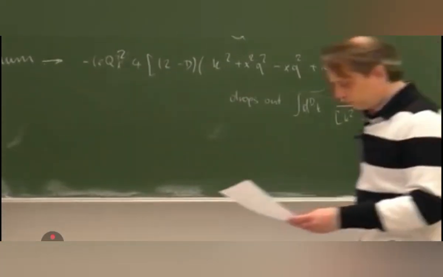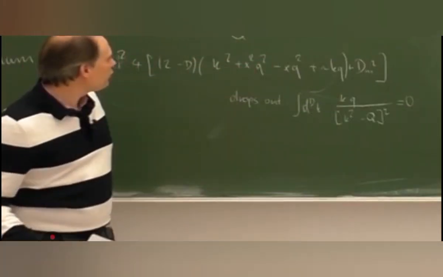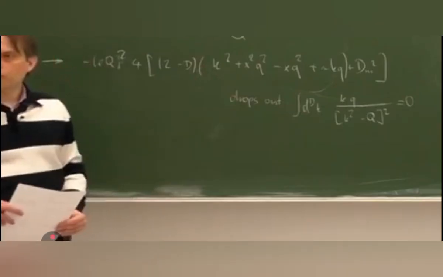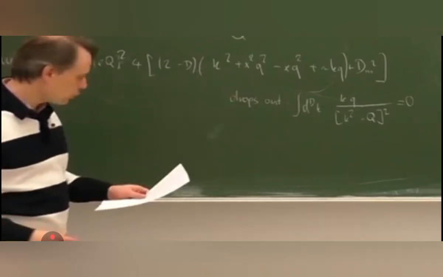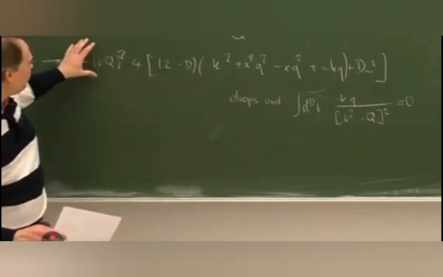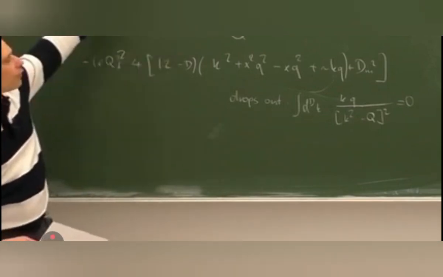Therefore the integral vanishes. Therefore we can only consider the even terms k square and the q square. So now we have to combine everything. Our full integral is now the integral over this numerator divided by that denominator.